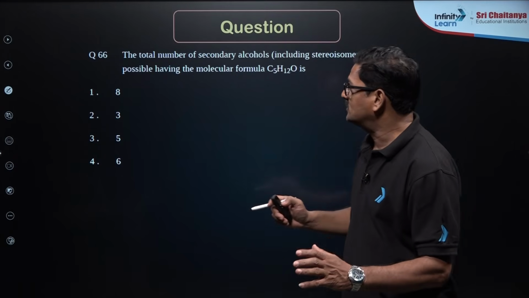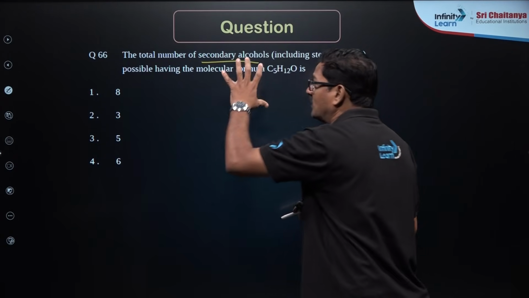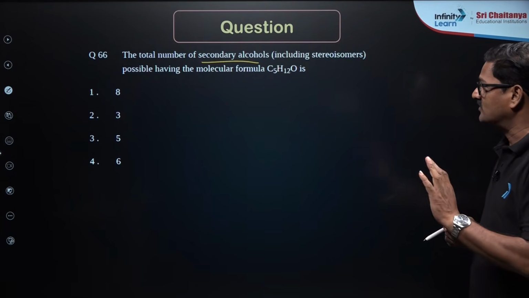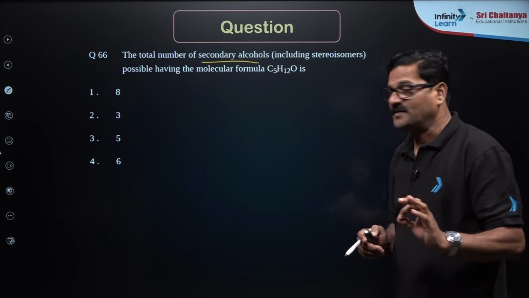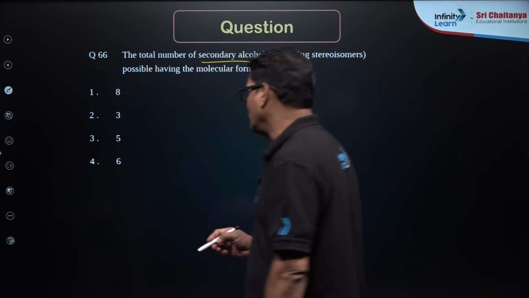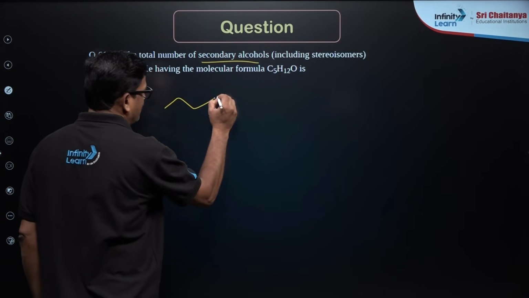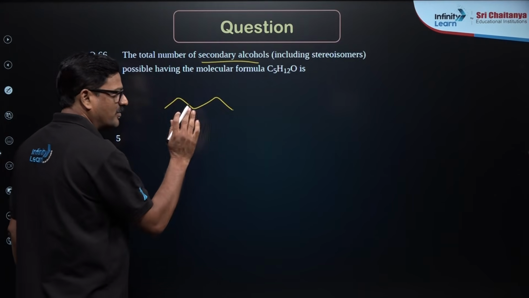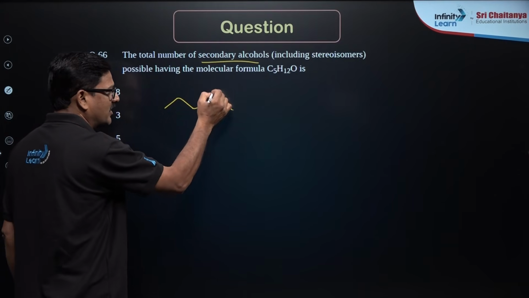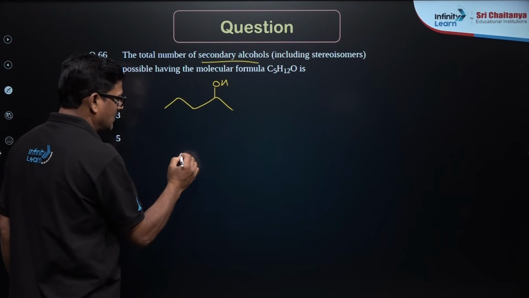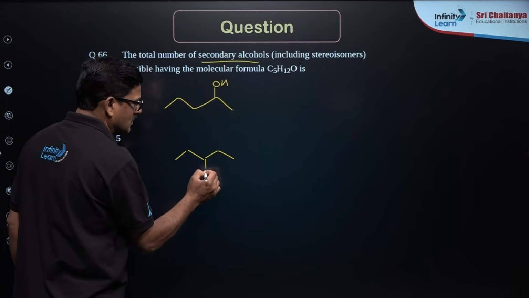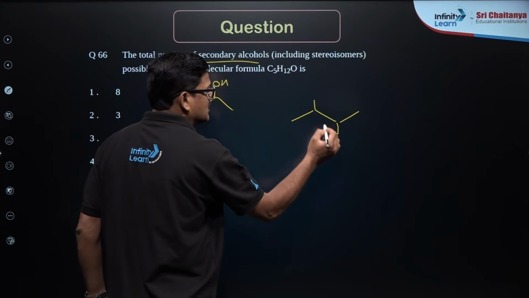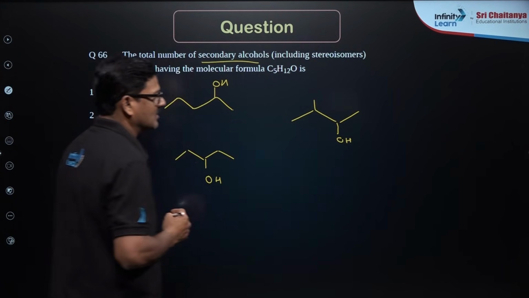Students, here it is a question: the total number of secondary alcohols. We have to identify the total number of secondary alcohols, including stereoisomers, possible having the molecular formula C5H12O. So here, this is a pentane structure, 1, 2, 3, 4, 5. If we put OH here, it is a primary alcohol, and I don't want a primary alcohol, so make it a secondary alcohol. And you can see this is another secondary alcohol, and this is yet another secondary alcohol.